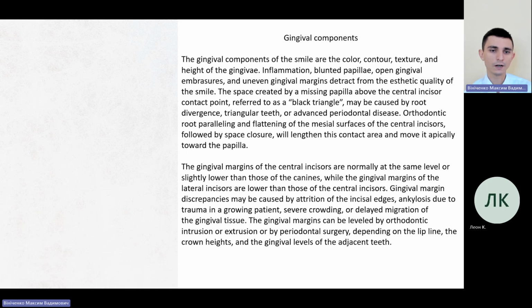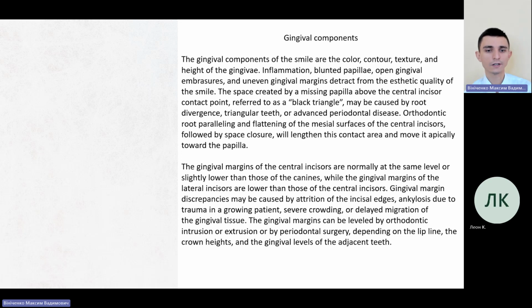The space created by a missing papilla above the central incisor contact point, referred to as a black triangle, may be caused by root divergence, triangular teeth, or advanced periodontal disease. Root paralleling and flattening of the mesial surfaces of the central incisors, followed by space closure, will lengthen this contact area and move it apically toward the papilla.